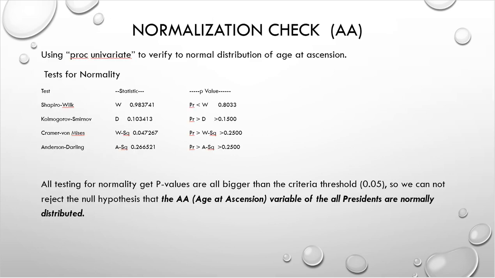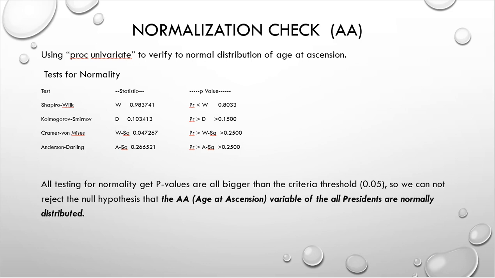The most important statistical analysis I use is to do the normality check for the data age at ascension, and we just try to verify whether the ascension age data is normally distributed. I do the univariate procedure.